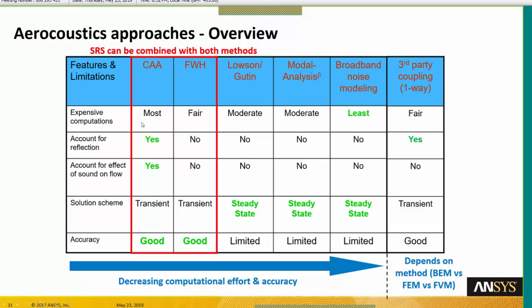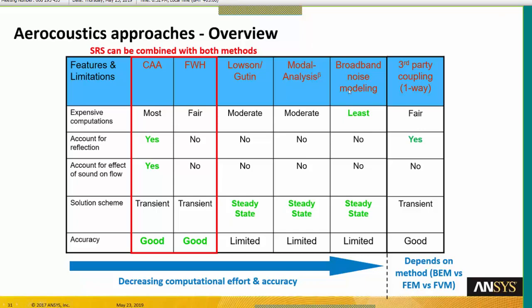You get what you pay for. When you pay for a very accurate model, you will pay in terms of grid, computational resources, storage, and so on, but you will have good accuracy. It's a fair reward for all this cost. But broadband noise modeling is very cheap and very limited as a response.